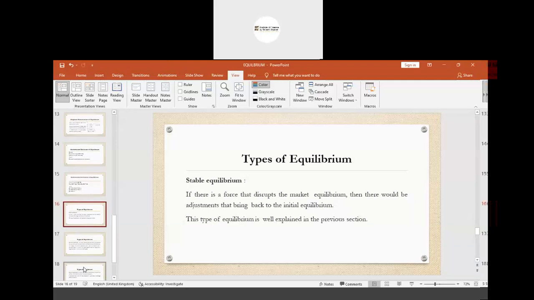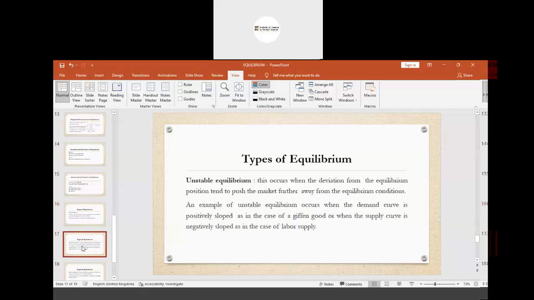Equilibrium can be stable. It will be stable if any forces that disrupt the market equilibrium set adjustments in motion that take us back to the original equilibrium that we had. And this is the type of equilibrium that we had previously.